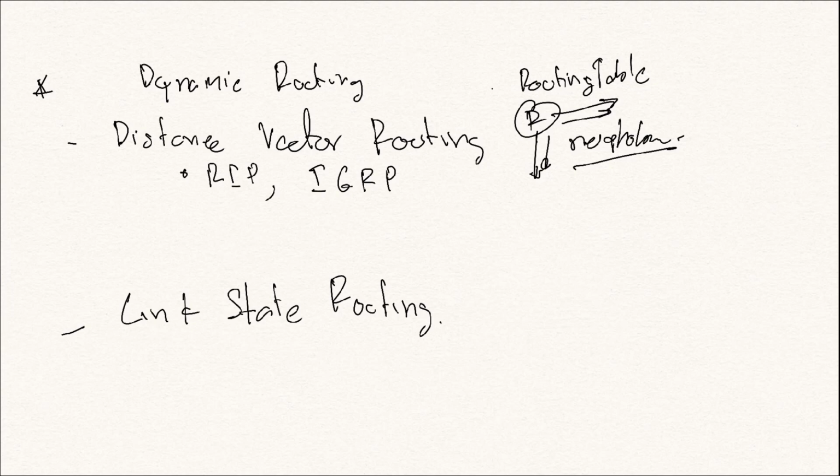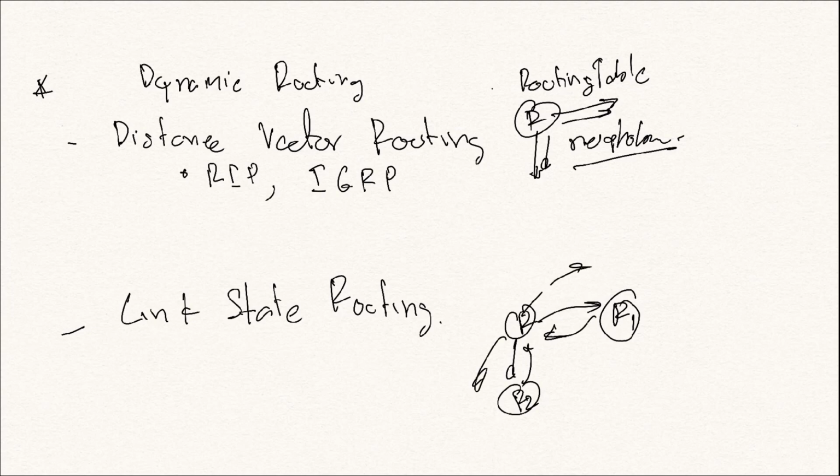Normally the link state router will first measure the data between itself and its neighbors. And when it has measured the data, it creates that data and sends it out by broadcast to everywhere in the network. So this is the bit of difference.